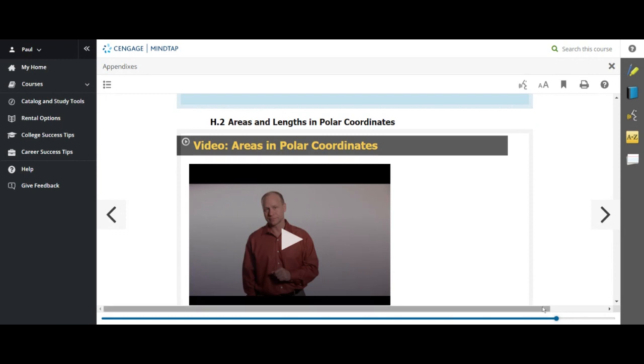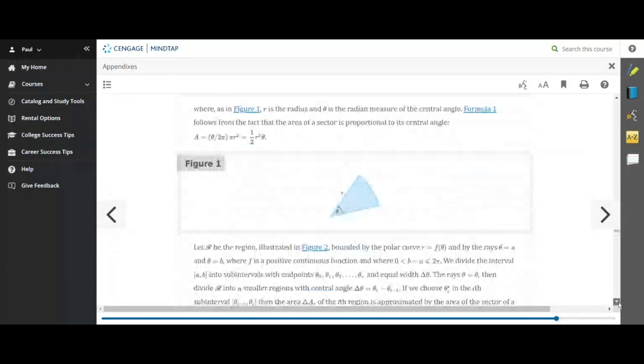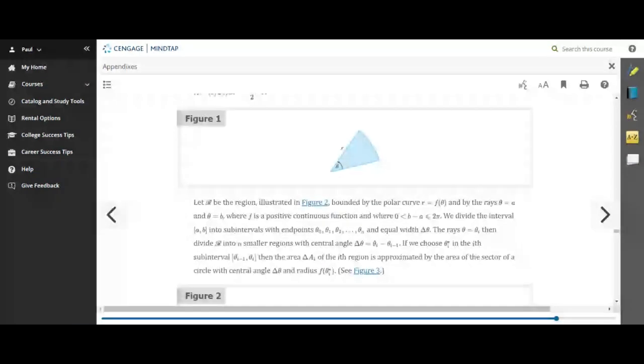Okay, let's see what this is all about. In figure one, you see a sector of a circle, and you have an angle theta that forms the angle for the sector, and then you have a radius r.